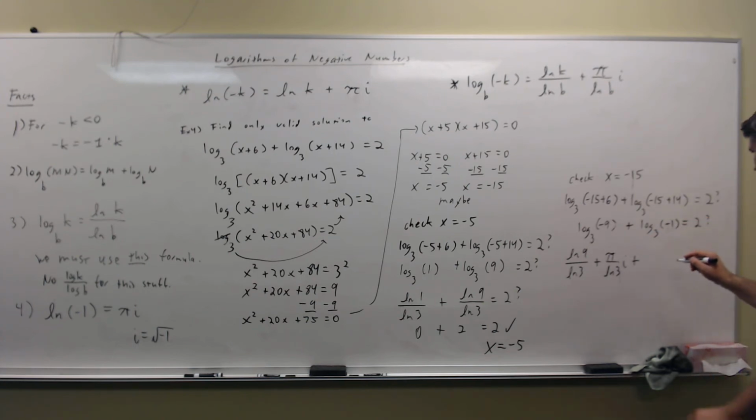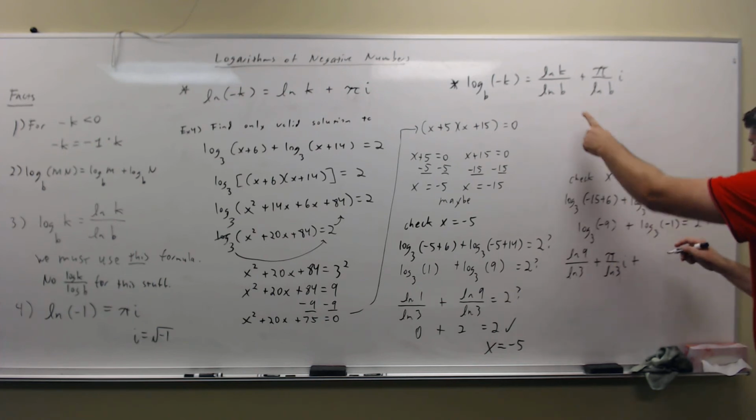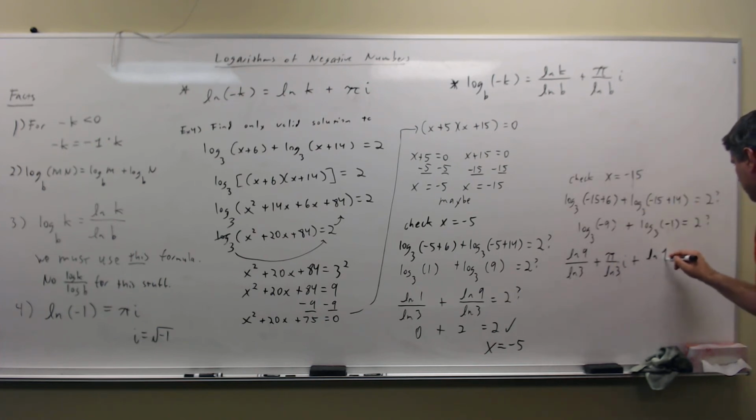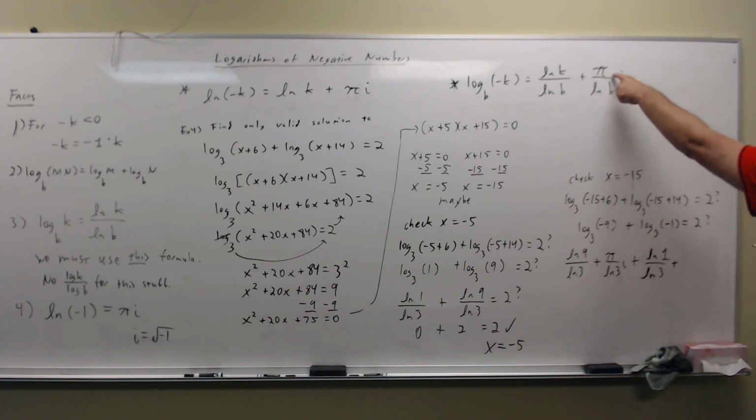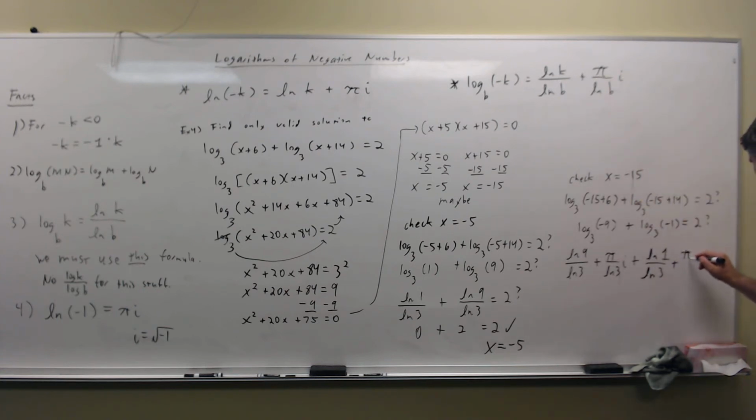So that's going to be, following this rule, natural log of positive 1 over the natural log of 3 plus pi over the natural log of 3 times i.